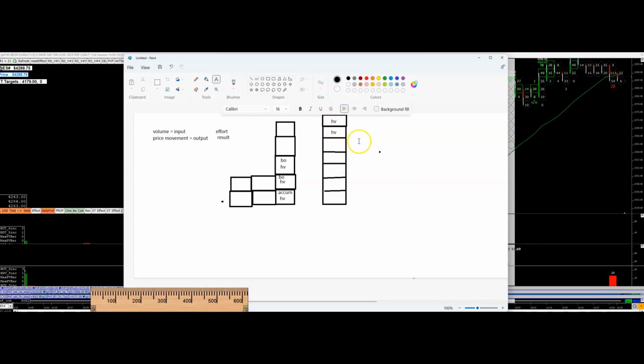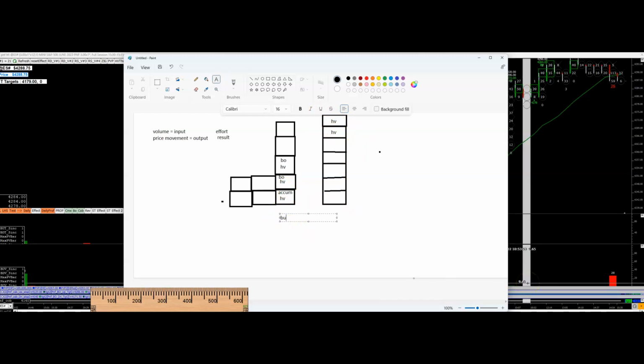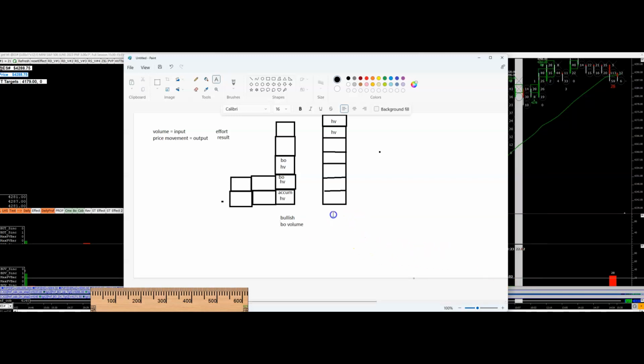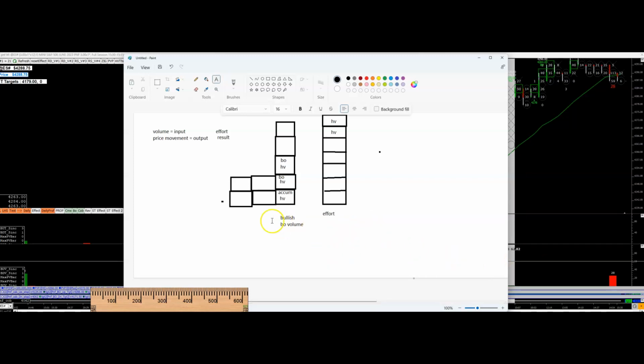And what is this? This is bullish, and let's just call it breakout volume. Let's keep it simple. Everybody understands what that is. Breakout volume is bullish, and it's a continuation signal.